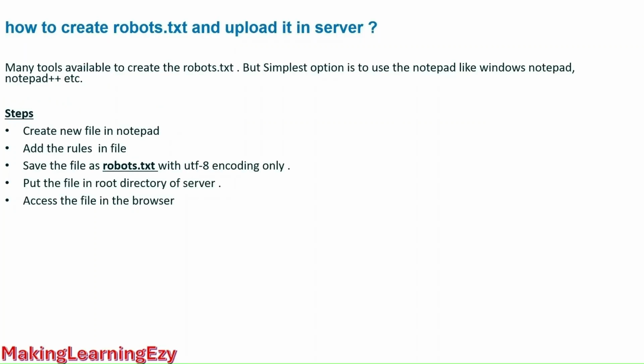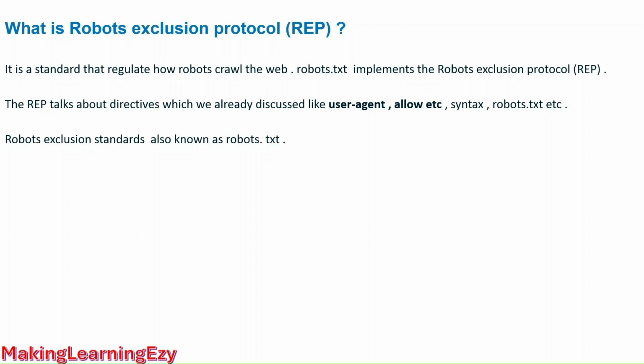Let's move further. Now, what is robots exclusion protocol, REP? Whenever we talk about the robots.txt, you will also hear this term, robots exclusion protocol or standard, REP. REP is a standard that regulates how robots or bots or spiders crawl the web.